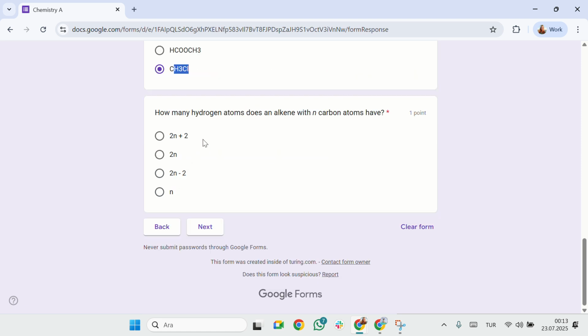How many hydrogen atoms does an alkane with n carbon atoms have? Oh, okay. I don't know actually. How many hydrogen atoms does an alkane with n carbon atoms have?